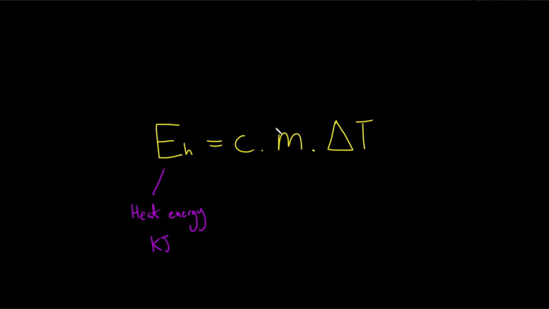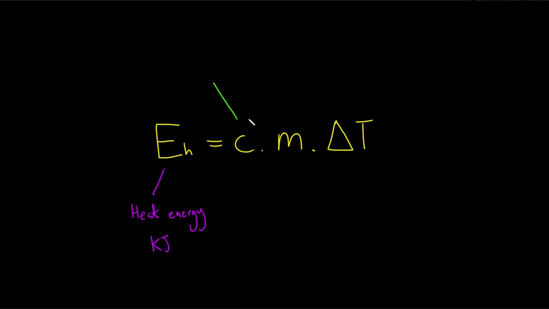The next part of this equation is the letter C. Now C normally in an equation like this stands for a constant essentially, and that's exactly what this is. This is a constant value. It's always going to be the exact same value pretty much for all our calculations involving this equation.